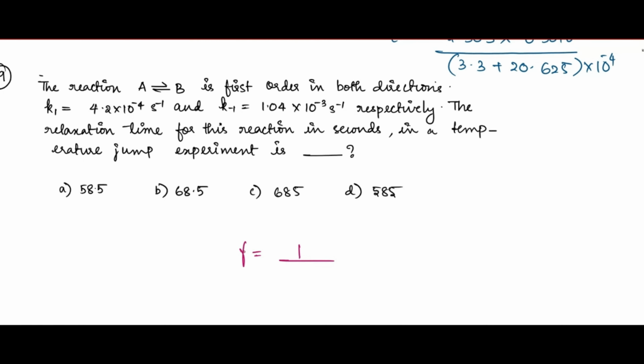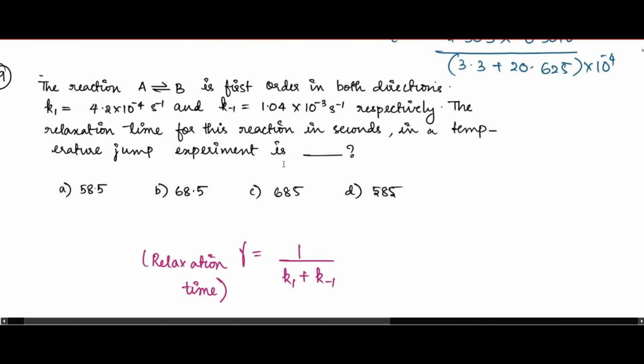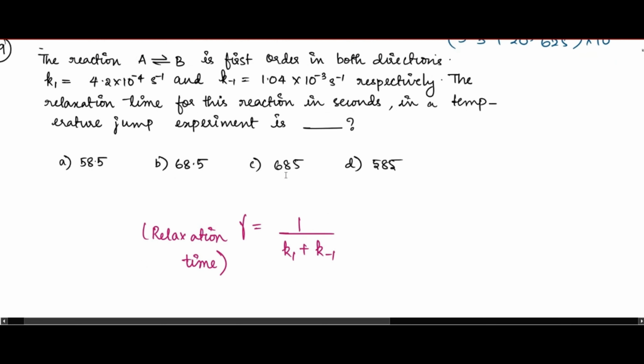relaxation time നമ്മൾ gamma കൊണ്ടാണ് represent ചെയ്യുന്നത്. It is 1 by K1 plus 1 by K plus. This is the relaxation time. Okay, very easy. Try. Put the values. Tell me what the final answer is. എത്ര seconds?